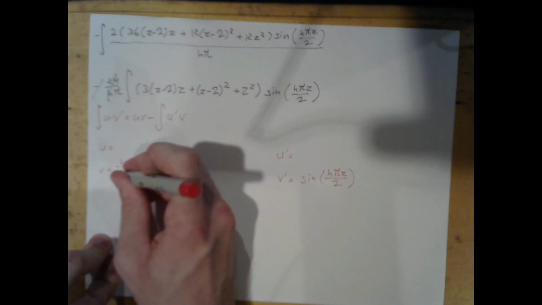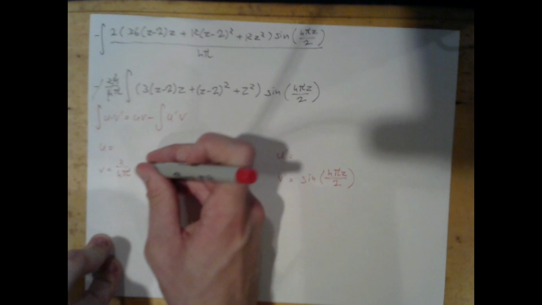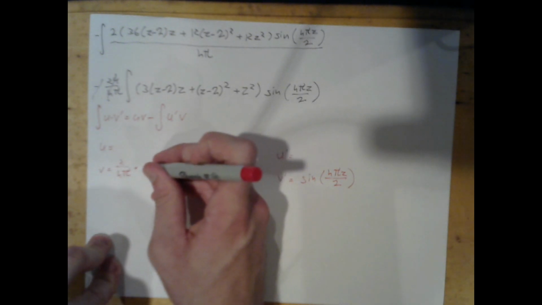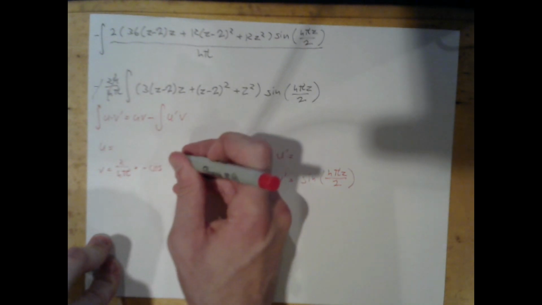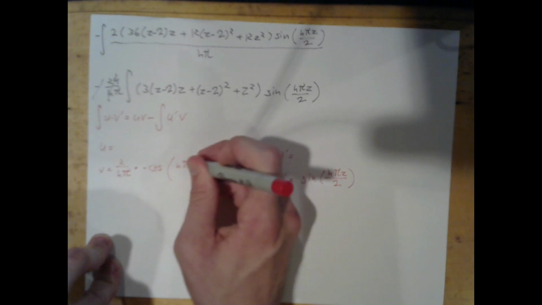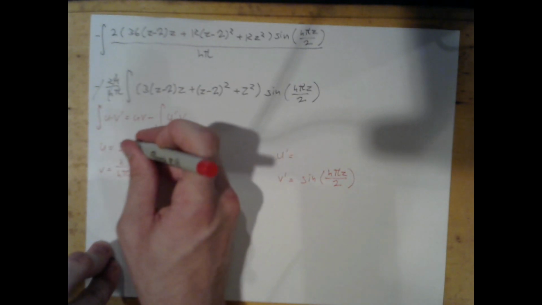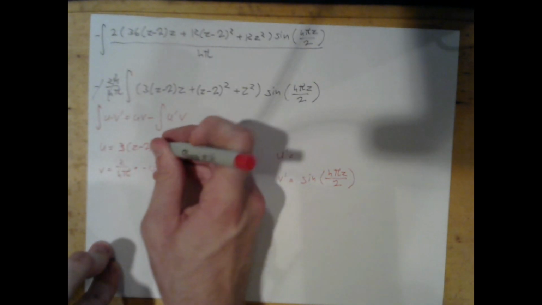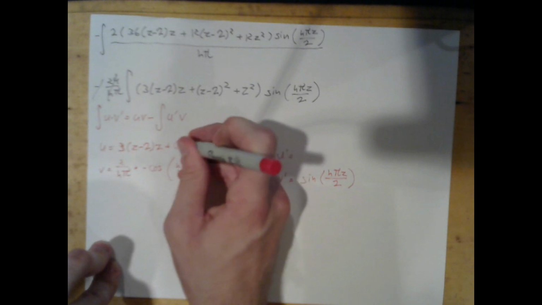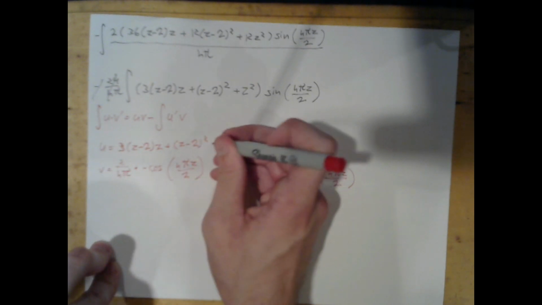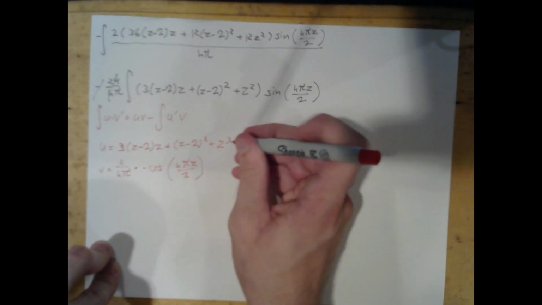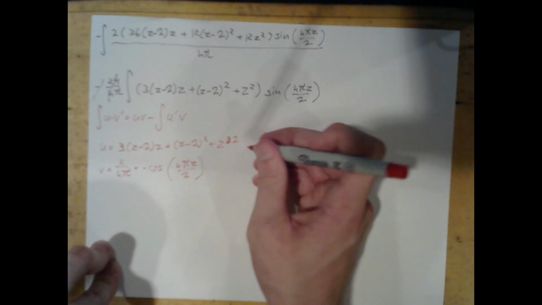We're going to get 2 over h pi times negative cosine h pi z over 2. Okay, u is just going to be 3z minus 2z plus z minus 2 squared plus z squared. Sorry about that.